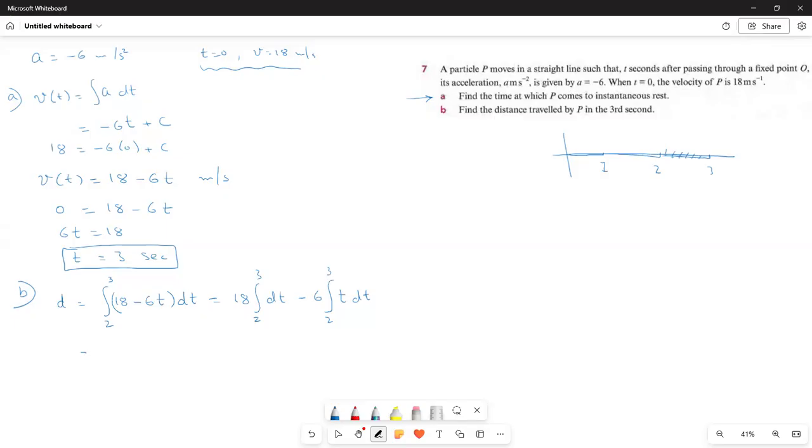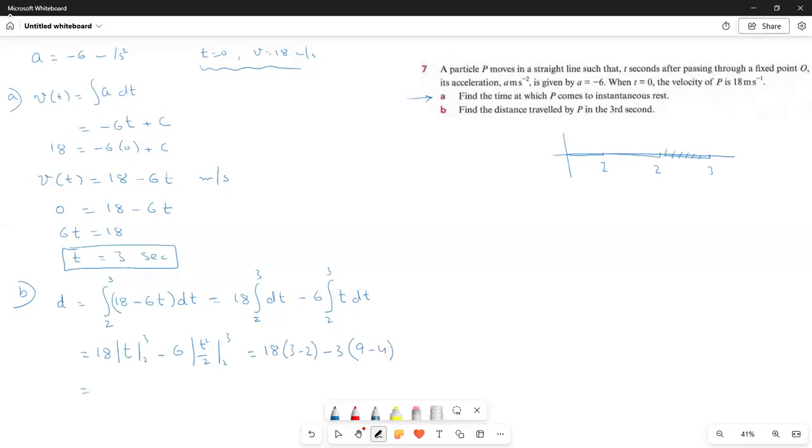So it is 18 and the integral is t, limits from 2 to 3, minus 6 integral t squared by 2 with limits 2 to 3. So this is 18 times, when I put the upper limit 3 and lower limit 2, 3 minus 2, minus 3 times, upper limit 3 squared is 9, minus 2 squared is 4.